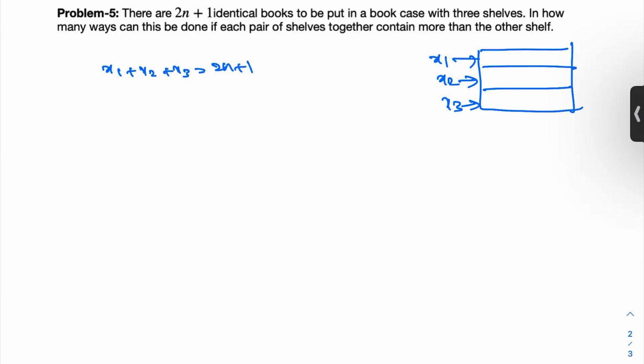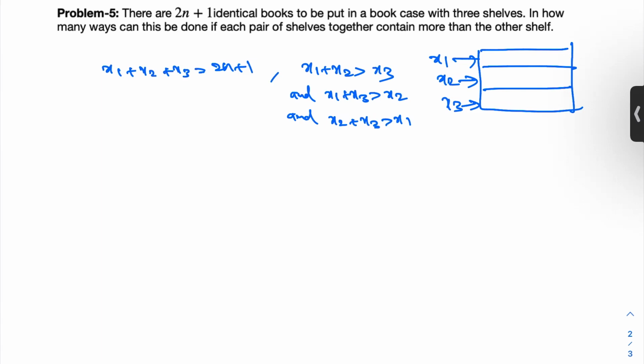What is our condition here? Each pair of shelves together contains more than the other shelf. That means total books in any two shelves should be more than books in the other shelf. So the conditions are x1 plus x2 should be bigger than x3, and x1 plus x3 should be bigger than x2, and x2 plus x3 should be bigger than x1.